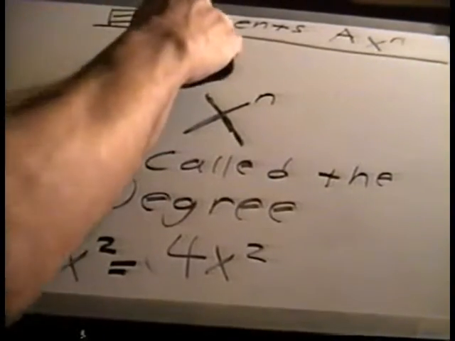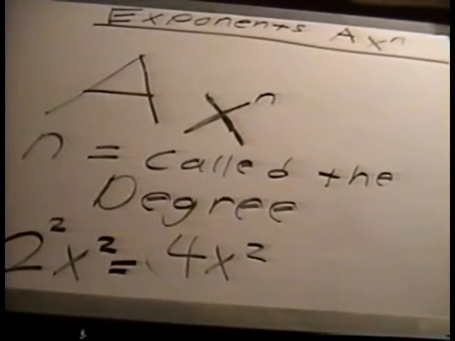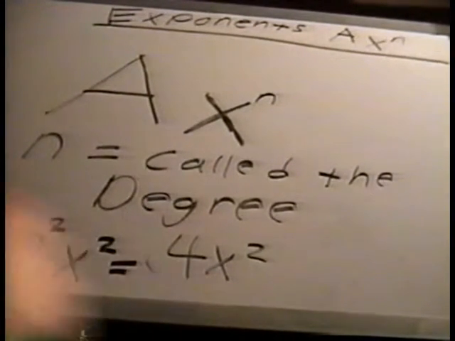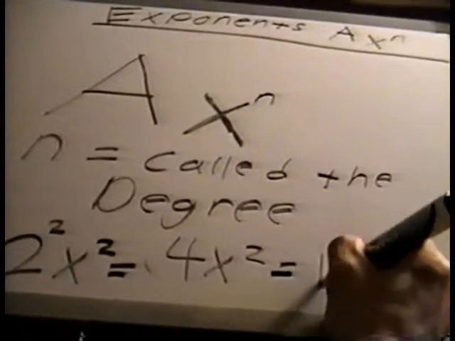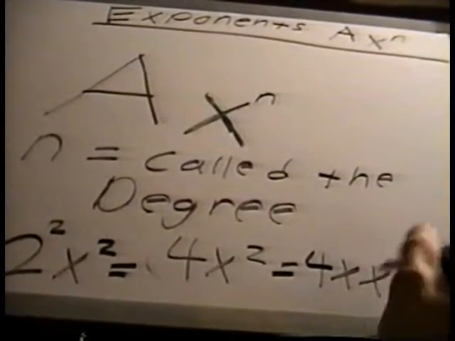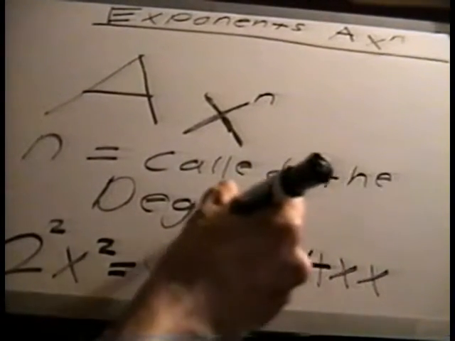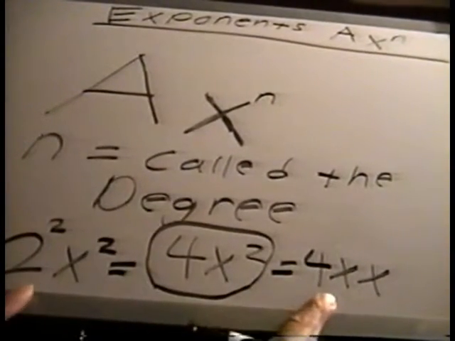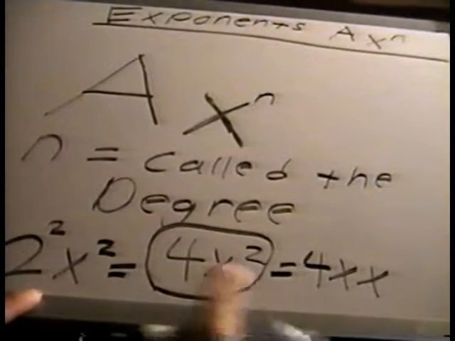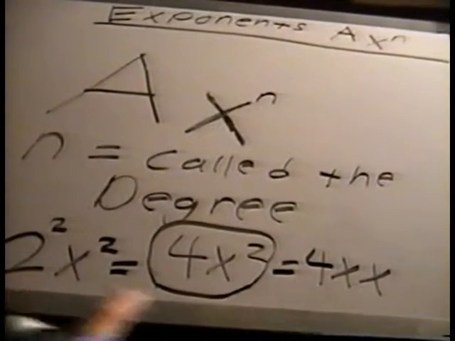Now I want you to pay attention. Now A here is a form that's used to describe terms in algebra. Here we're saying A is the number, or numerical coefficient.